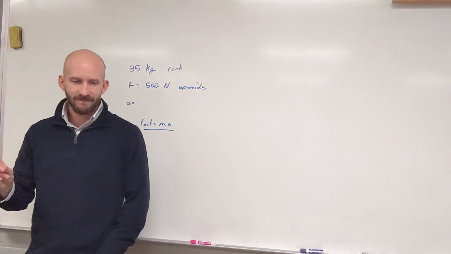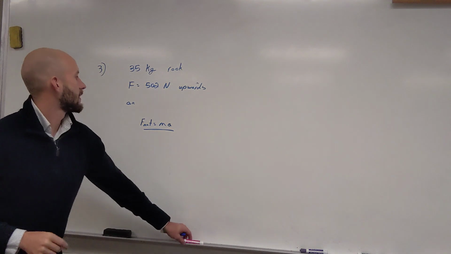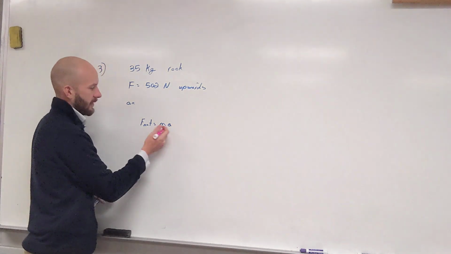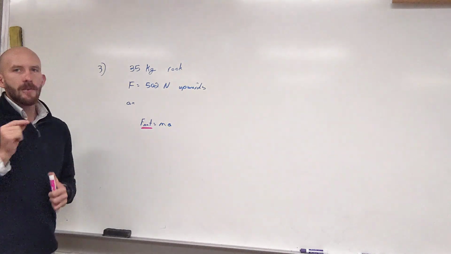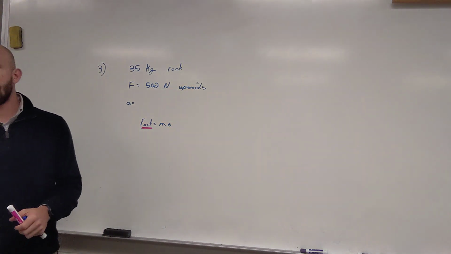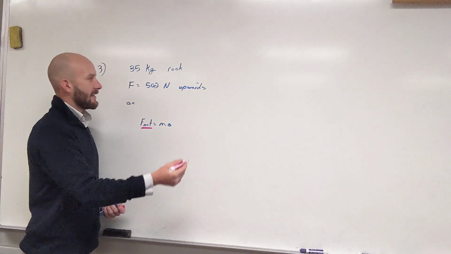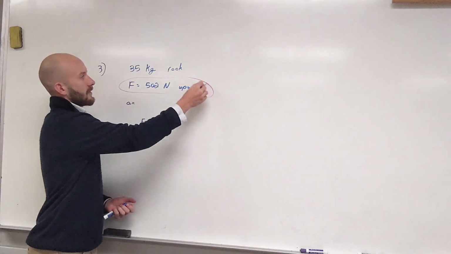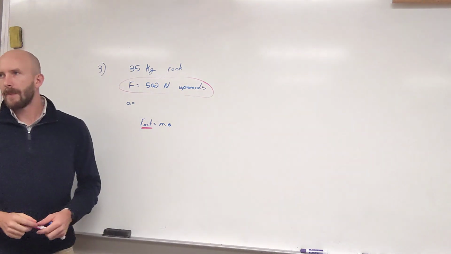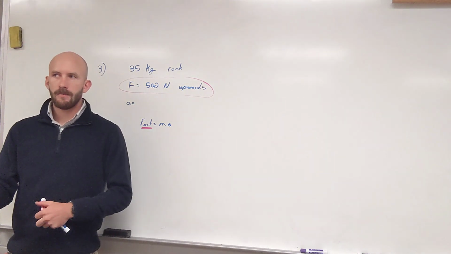Why? Because of Newton's second law. It is the net force that affects the acceleration of an object, and this is the easiest mistake to make. The force that we're putting on it there is not the only force on the rock.